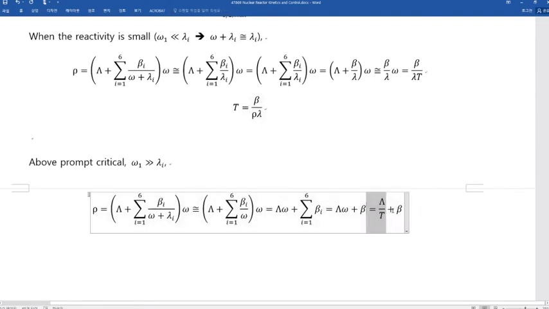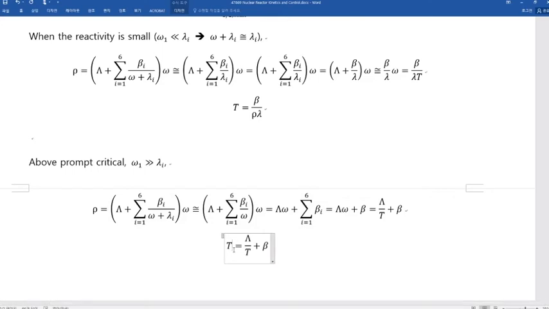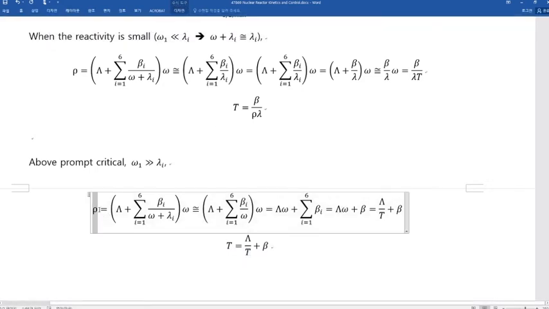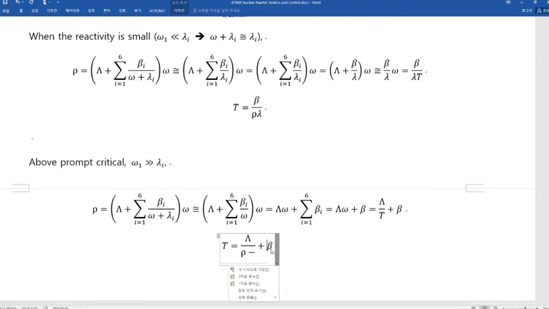So the reactor period is given as prompt generation time over rho minus beta.